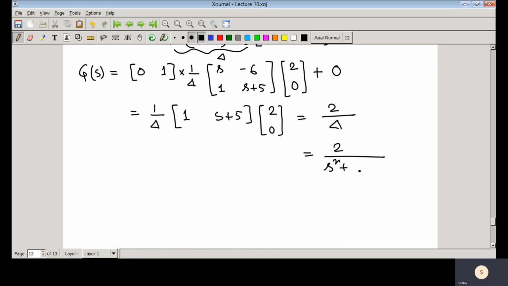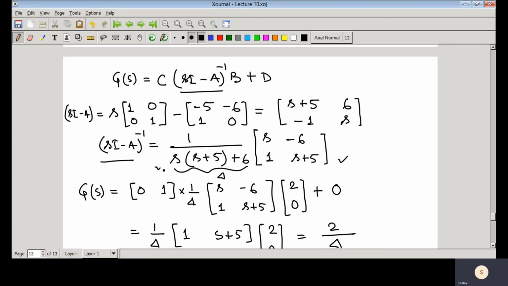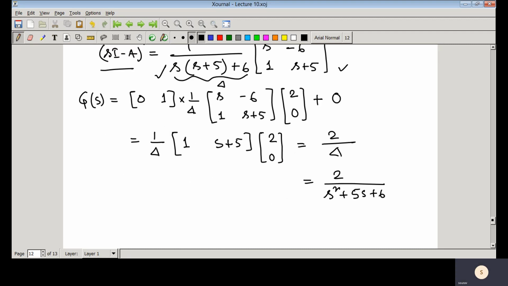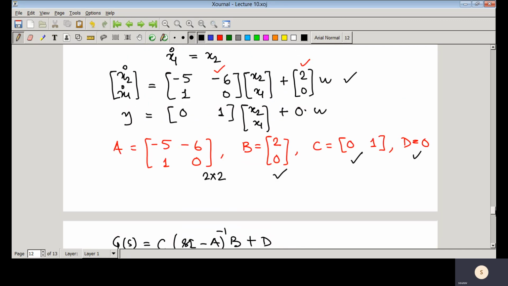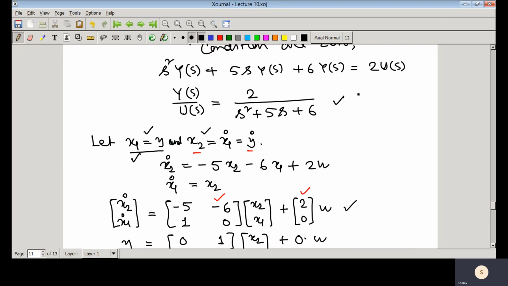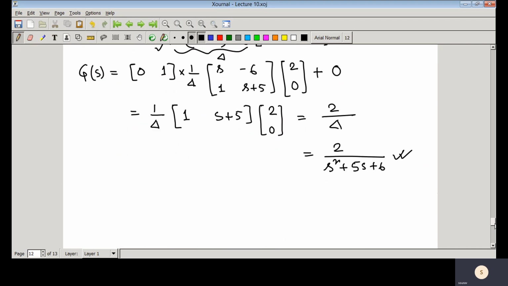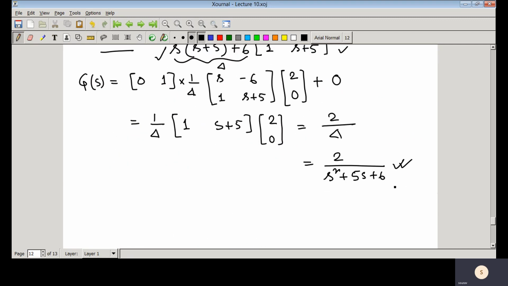So this is the delta. Now this is the transfer function that you can have from the state space model. Here you see we have already derived that transfer function, 2 by s square plus 5s plus 6, and from state space also we get the same transfer function, 2 by s square plus 5s plus 6. So this is that method. That means whenever you have the state space model, from there directly you can find the transfer function.